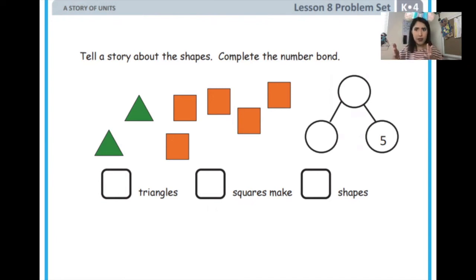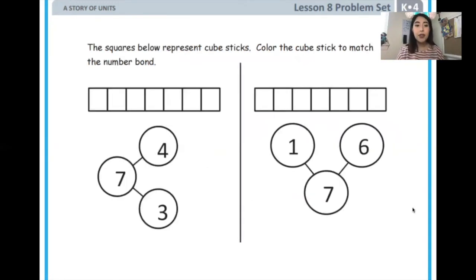It makes, oh yeah, 7. You're right, 7. You remembered. Okay, so 7 will go on our whole. So we have 2 triangles and 5 squares, and that makes 7 shapes. Awesome. And fill in your number bond. Let's move on to the next one.